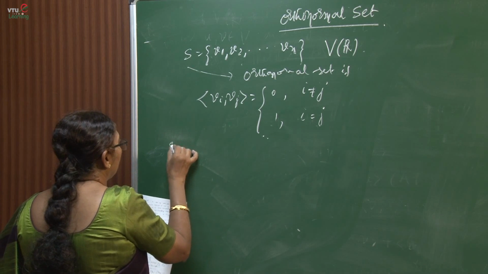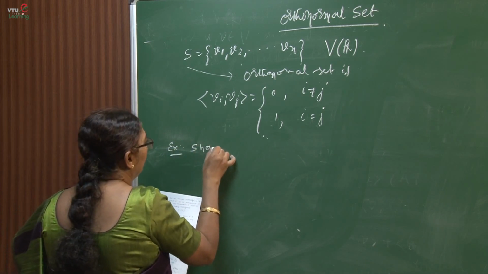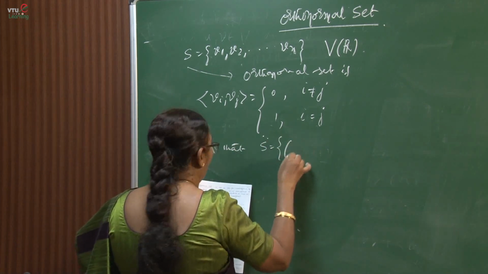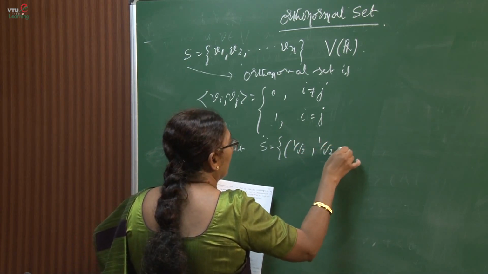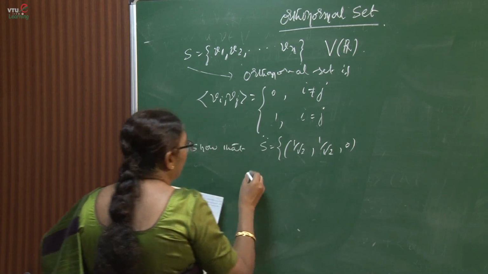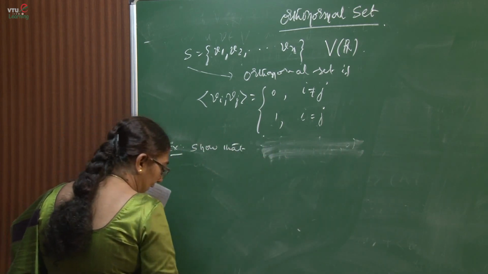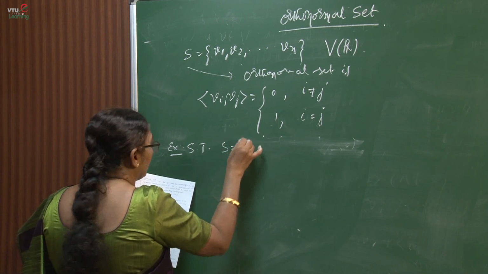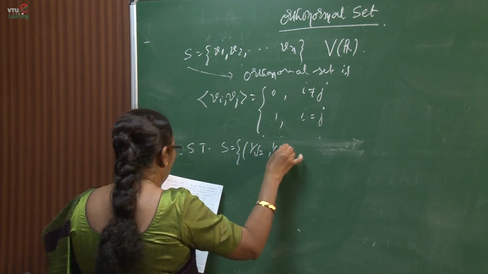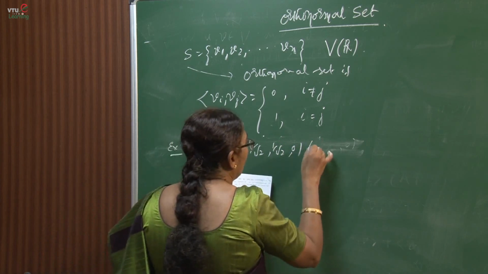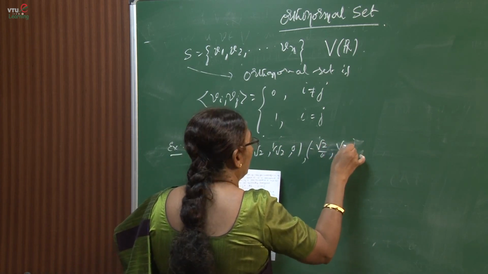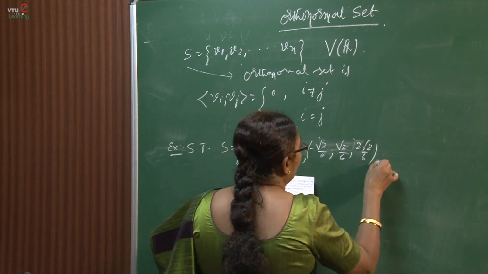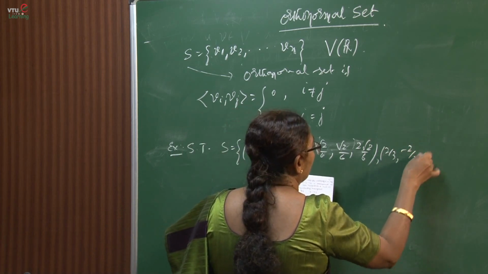Now I am going to take one example for this. Show that the set S is equal to: 1 by root 2, 1 by root 2, 0 is one vector; minus root 2 by 6, root 2 by 6, 2 root 2 by 6 is the second vector; and the other vector is 2 by 3, minus 2 by 3, 1 by 3.